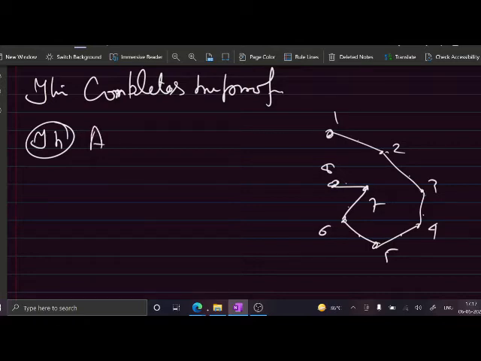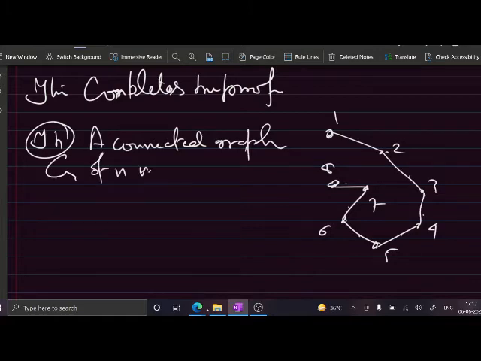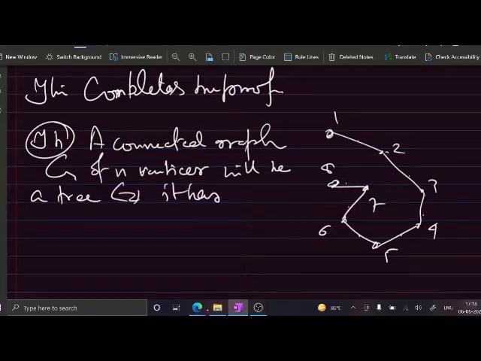So a connected graph G of n vertices will be a tree if and only if it has exactly n minus 1 edges.